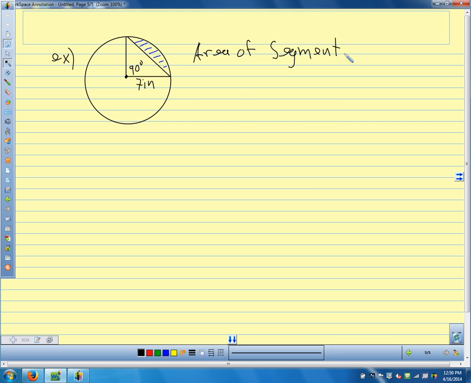Well, we know the sector minus the triangle gives us the segment. So let's find each piece. Let's find the sector.